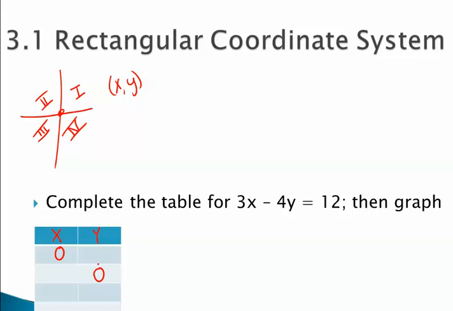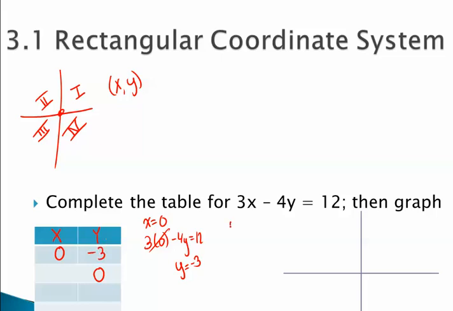To find the y-intercept, you're going to plug in 0 for x. To find the x-intercept, you plug in 0 for y. And what you're just going to do then is solve. So when I plug in x equals 0 right here, I'll get 3 times 0 minus 4y equals 12, and then I'm going to solve for y, which equals negative 3.